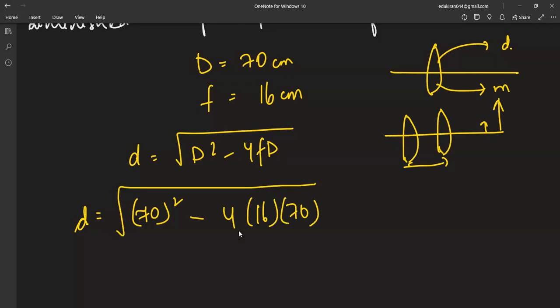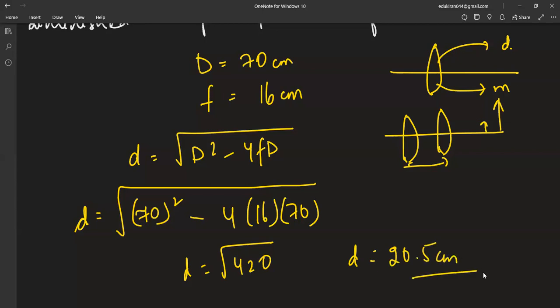When you solve this, it will be under root 420, which is equal to 20.5 centimeters. This was one question which had this new concept, that's why I discussed it.